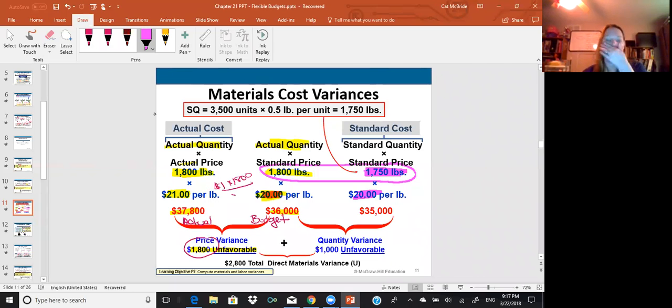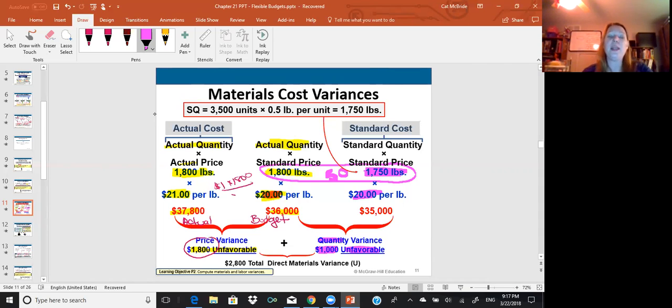So now we're saying, okay, we plan to use 1,750 pounds, but we actually used 1,800 pounds. So we know that we're over on how much we used. So we know we have an unfavorable variance there. So when we take our 1,800 minus our 1,750, we have an additional 50 pounds, right? So 50 pounds gives us $1,000 unfavorable quantity variance.